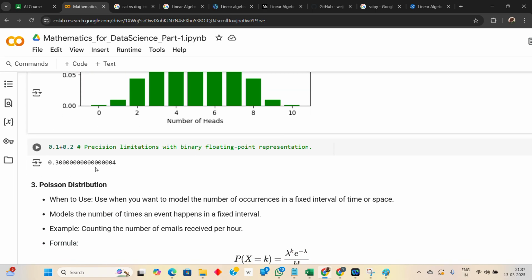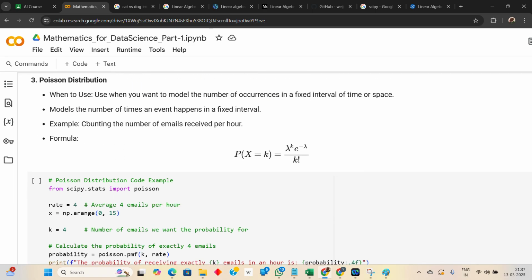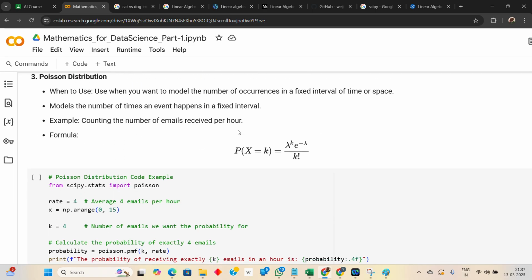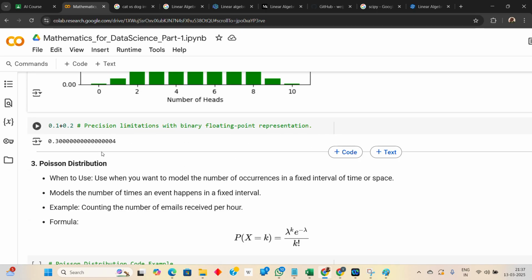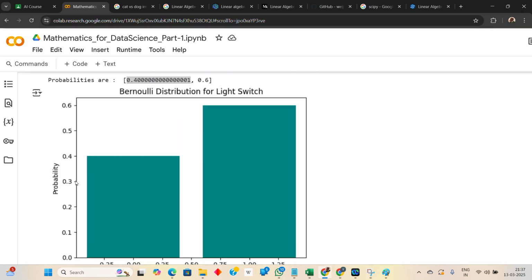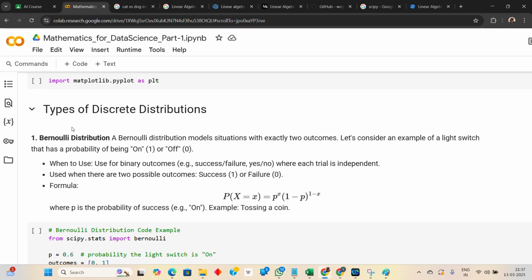Okay. And now we are going to Poisson, the third one. The Poisson distribution formula is this one. I provided very easy statements on when to use each, which will really help you remember for a long time. Bernoulli: use whenever you have binary outcomes and each trial is independent.